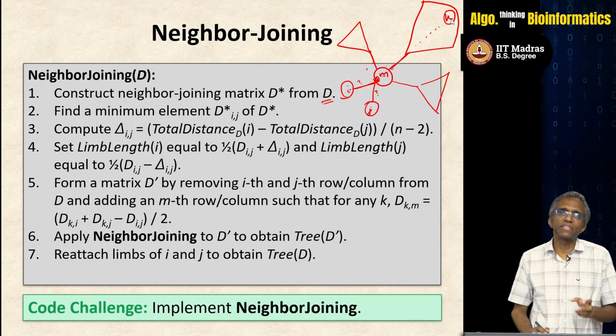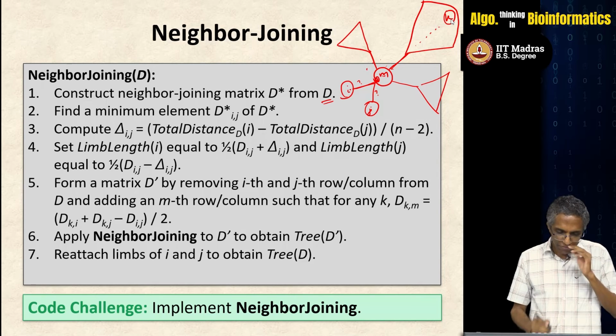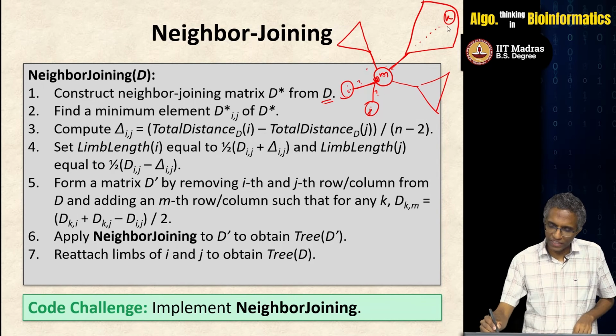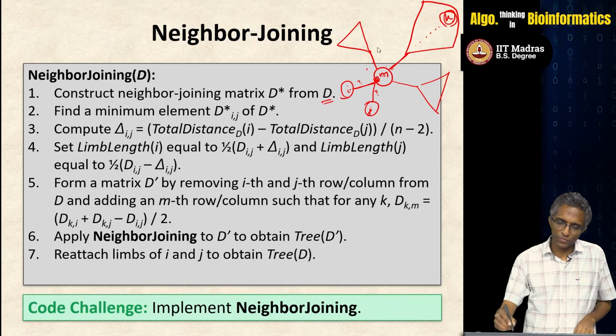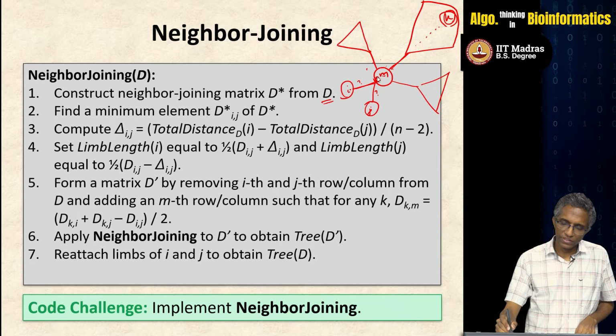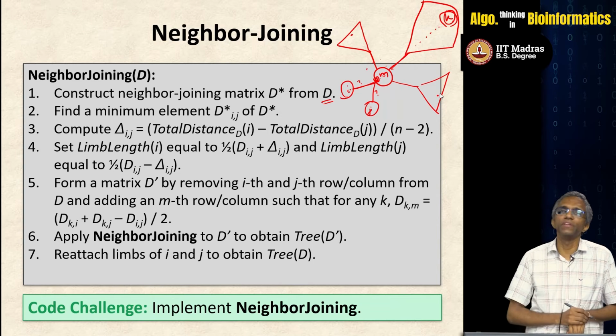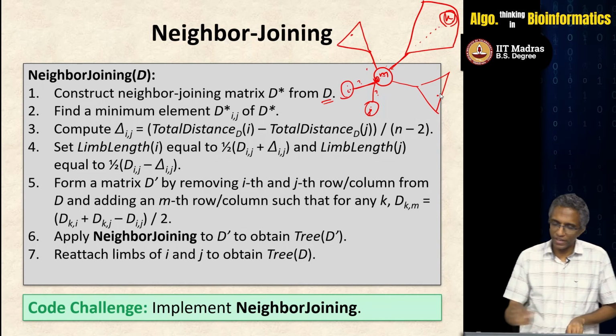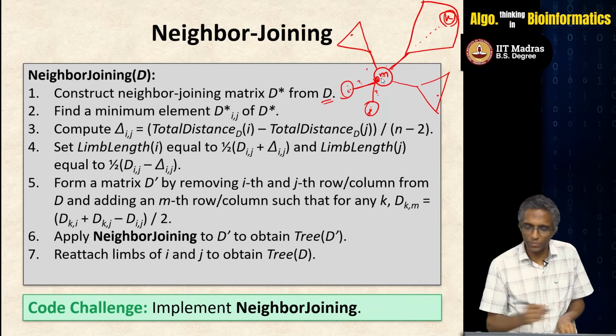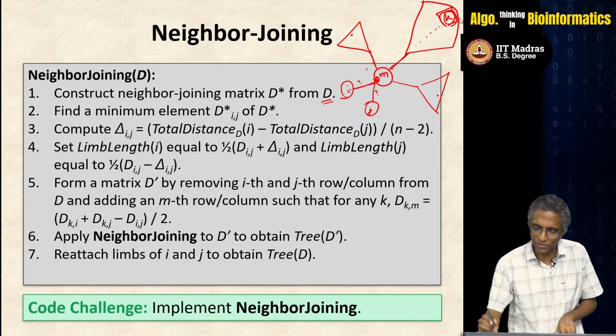In order to understand that, let us see, if the input matrix D is additive, can we simplify some of these calculations? I can take any k, it can be in this subtree rooted at this internal node m to which the i and j cherry is connected, or it could be some leaf in any of the subtrees that is connected to m. Okay. But let us say that I choose one particular leaf k.